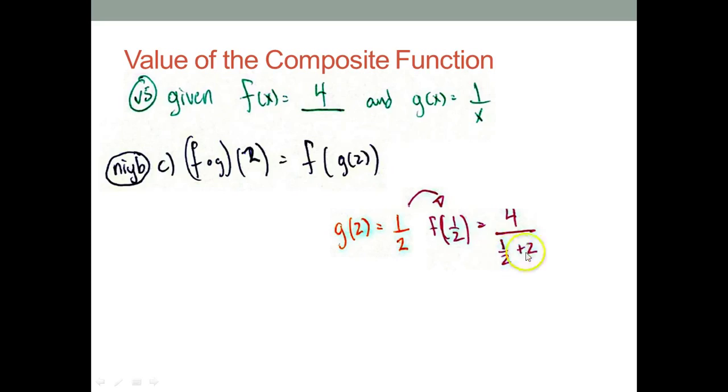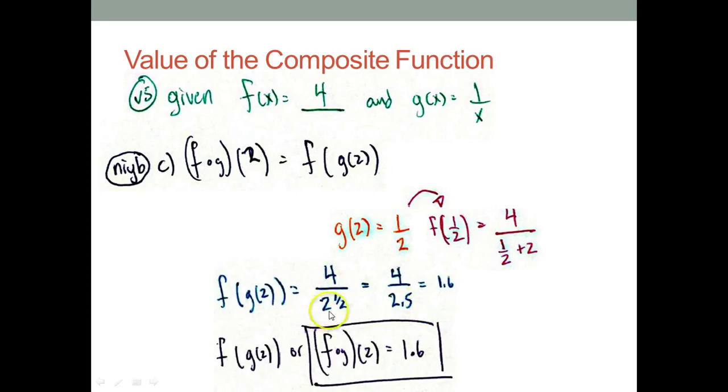So I have 1/2 plus 2, well that's 2.5. So 4 divided by 2.5 is 1.6. So that is how I get the value of f composed with g of 2, just 1.6. Again, I'm taking the value of the answer of the g function when I plug in that 2.